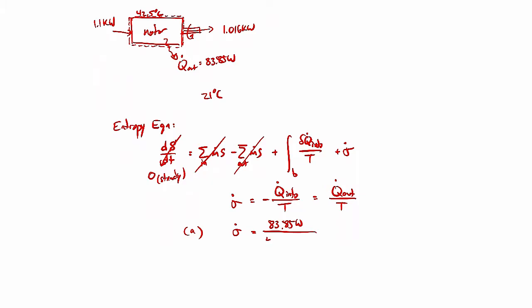So we'll have 42.5. We need to convert that to Kelvin. So we have the value, and then we can calculate the rate of entropy production. It comes out to be 0.266 watts per Kelvin. So that's our rate of entropy production for part A.